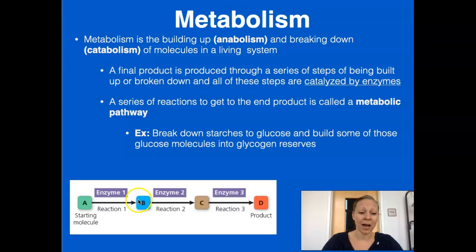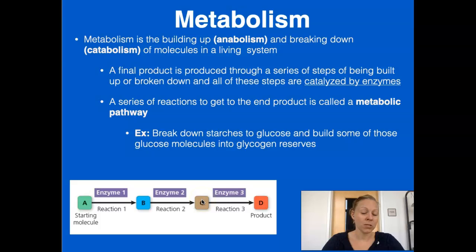And so here are our second set of molecules. And so that glucose, some of it is going to be burned for energy, and some of it is going to be converted into glycogen reserves, stored in our liver and in our muscles in case we need quick energy. And so an enzyme is then going to anabolize those molecules and make glycogen reserves.